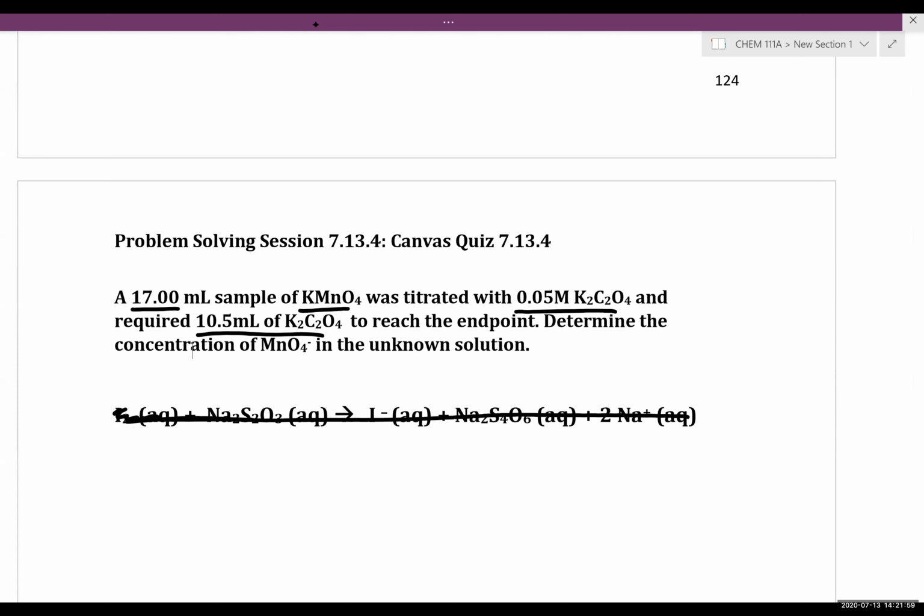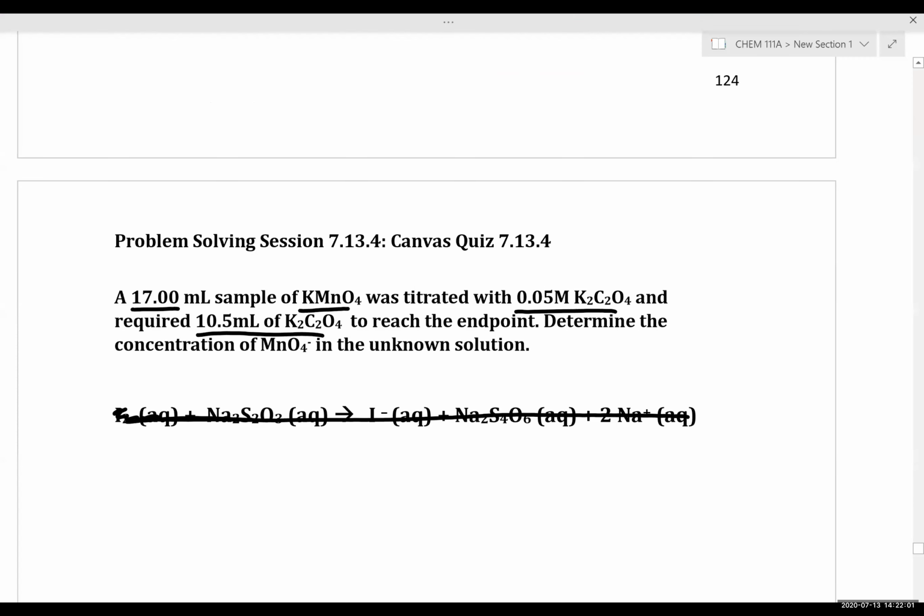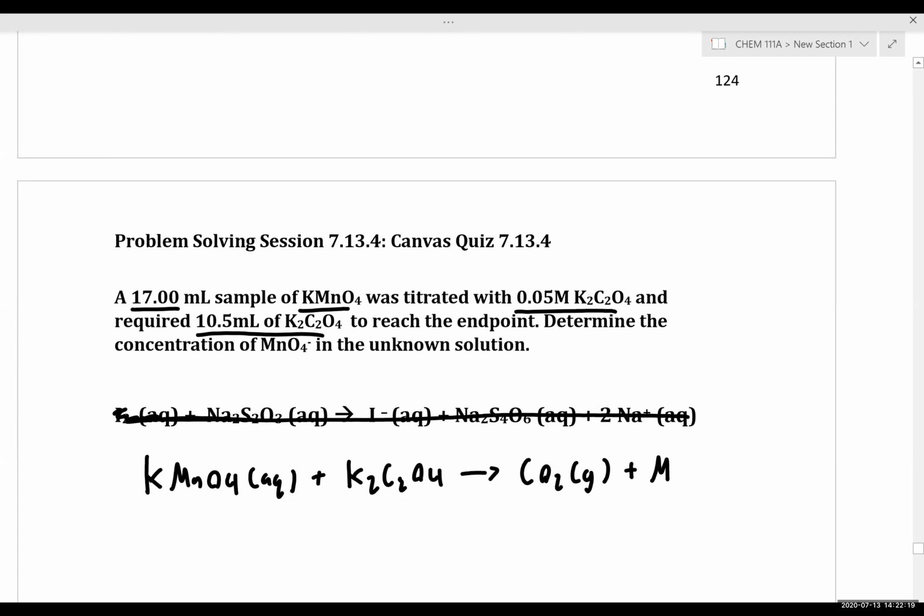Let me write out the skeleton redox reaction. So we have permanganate reacting with potassium oxalate, and in turn we generate carbon dioxide gas, manganese 2 plus, and potassium, among other products.